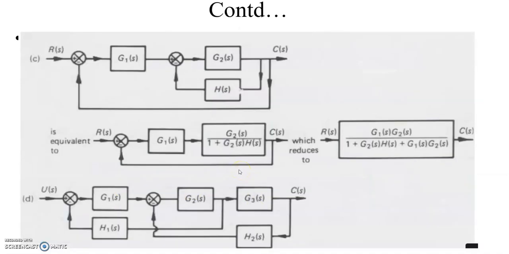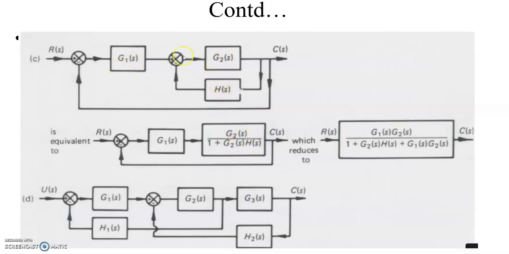So the next one has a clear feedback along with one cascade, G1(s), and then one feedback is presented. First you can reduce the initial feedback element. That reduces to G2(s) divided by 1 plus G2(s) into H(s).